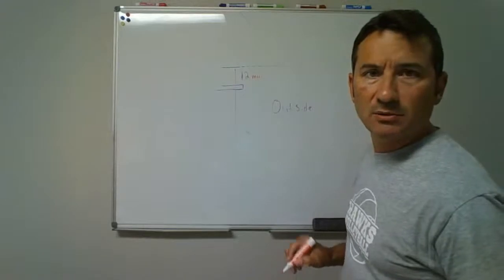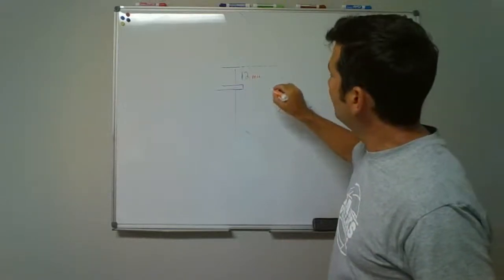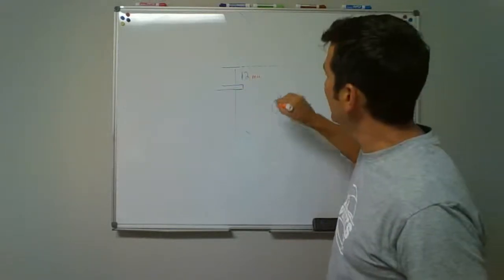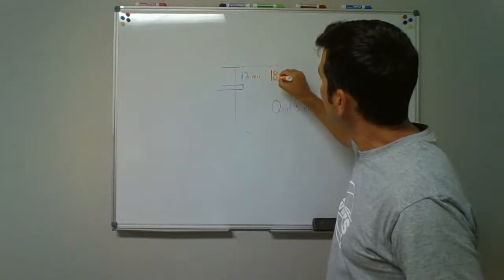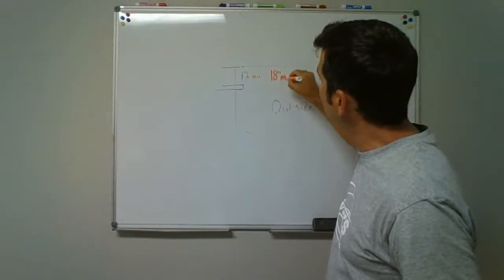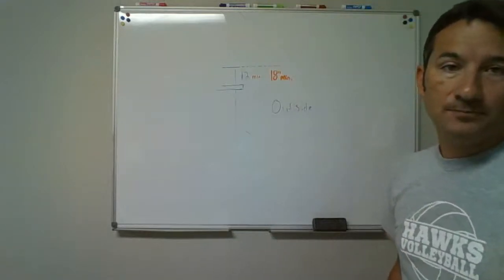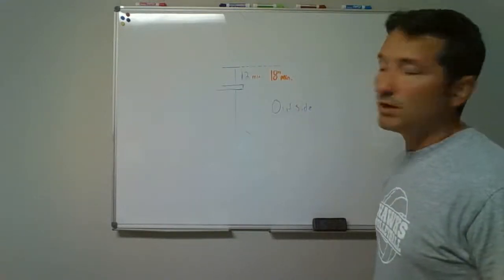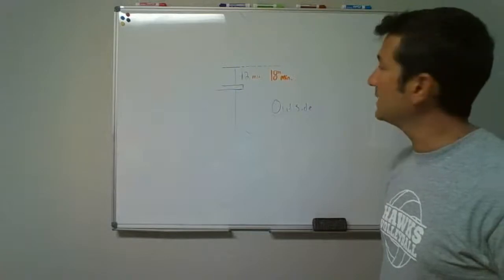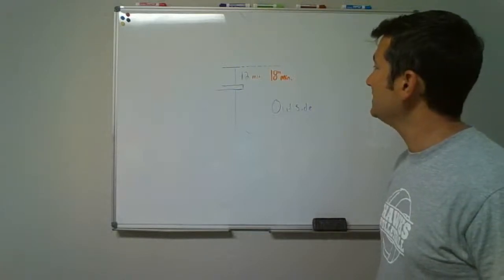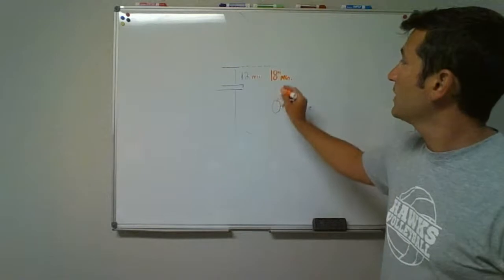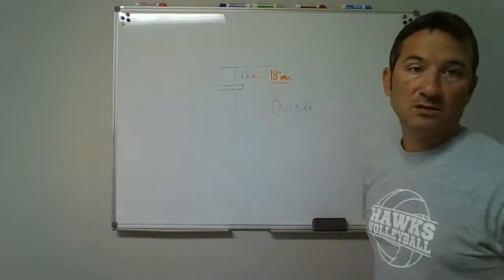Maybe you can see that a little bit better. And then if the manufacturer said it's got to be 18 inches minimum, which one do you go by? Which one is the most restrictive? If one had a 12-inch minimum and the other had an 18-inch minimum, you've got to go with the 18-inch minimum.